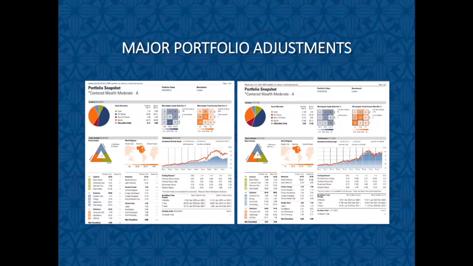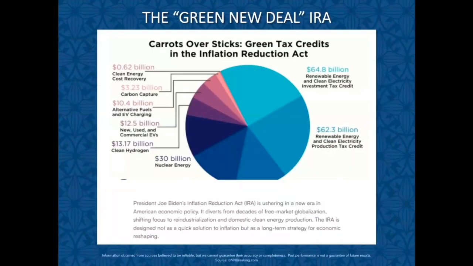So moving some of our investments from the small companies into the large companies, I think, is meeting multiple goals on that. The Inflation Reduction Act, which I don't like that name because it really wasn't the Inflation Reduction Act, but it was the Green New Deal in different terms.